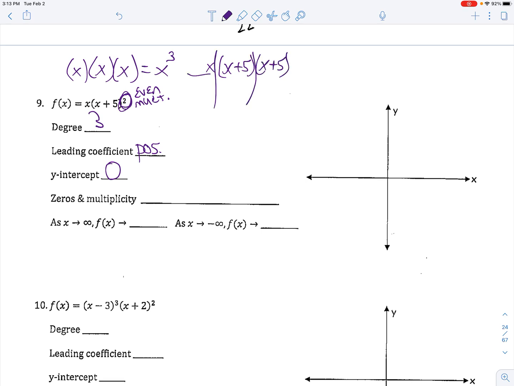You got x, and then x plus 5, if you want to write that out 2 times, to get the root, you set those factors equal to 0. X equals 0, x equals negative 5, x equals negative 5. So 0 is a root. It's a simple root, but it is a root. And then negative 5 is a root with a multiplicity of 2. That's even multiplicity.